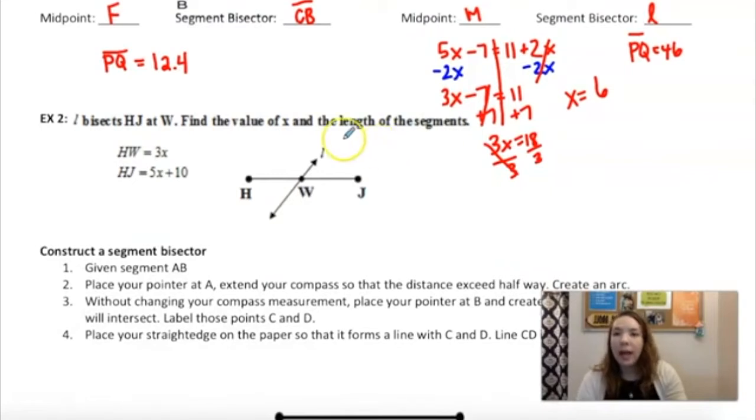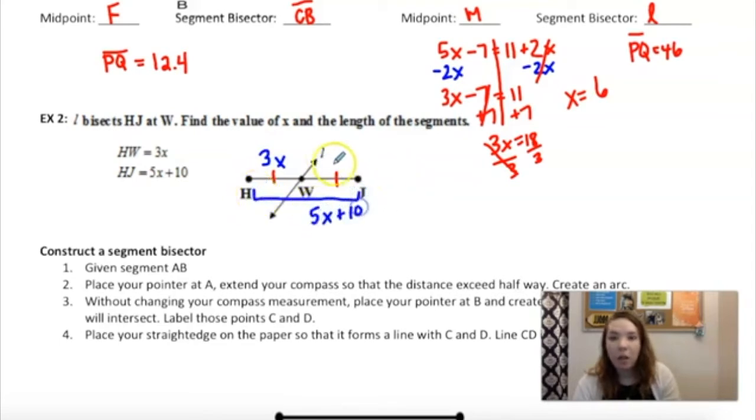Example 2, L bisects HJ at W. Since it said it bisected, we know that these two are equal, and we also know that W is the midpoint. Find the value of x and the length of the segments. If HW is 3x, HJ all the way across is 5x plus 10. Since these are equal, this one is also 3x.